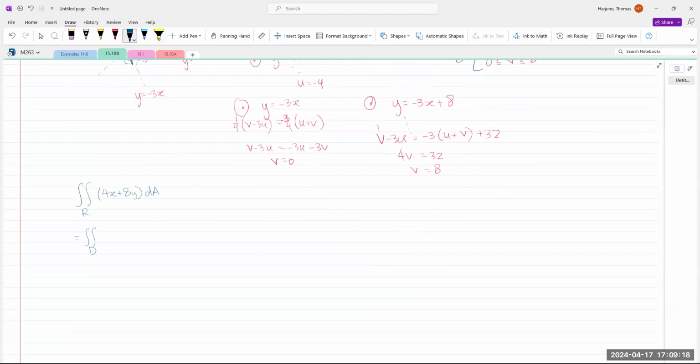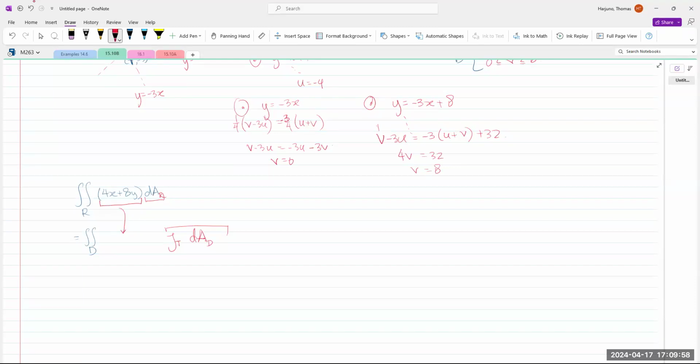Then I need to substitute x and y in terms of u, phi, and I will have the Jacobian of T, and then du dphi or dphi du. Maybe I call that for now dA in D, and this is dA in R.